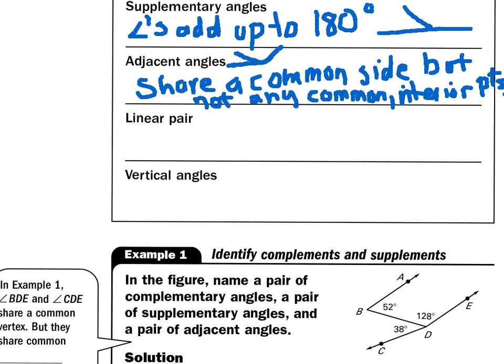A linear pair has to be adjacent angles first, and they have opposite rays on one side.